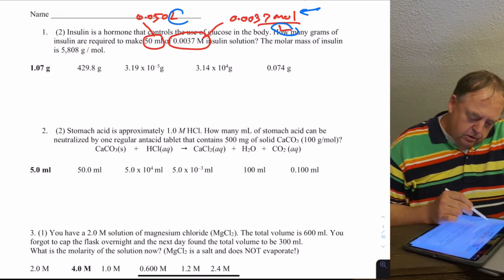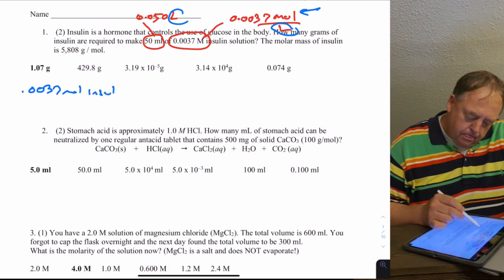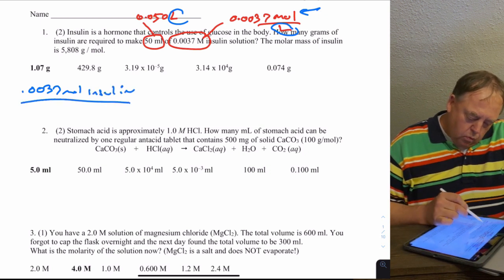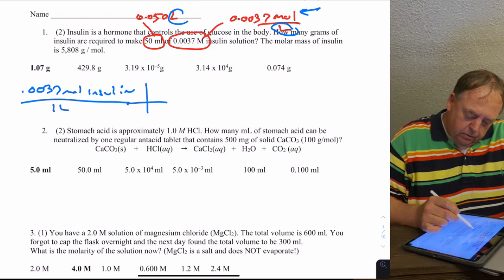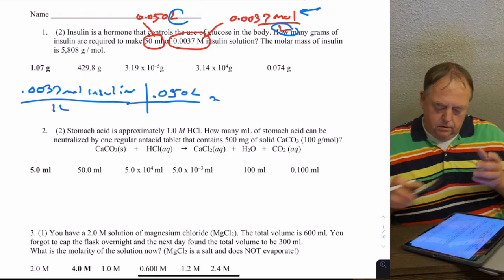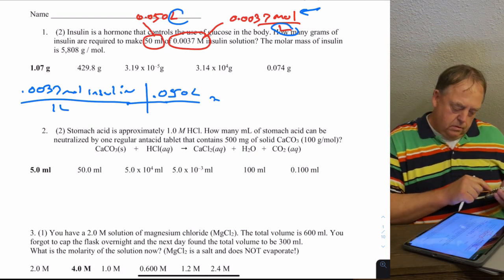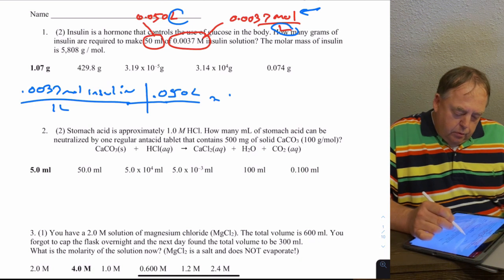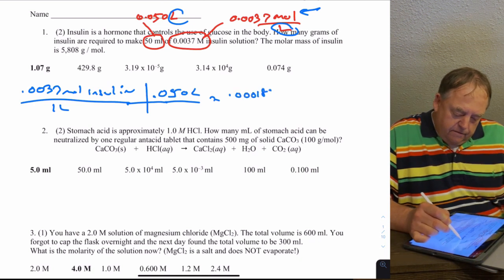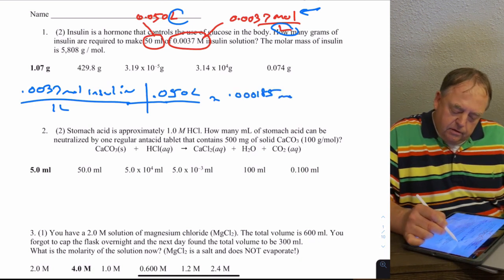So that's how you start this: 0.0037 moles of insulin divided by 1 liter, multiplied by the 0.05 liter. That would give you 0.000185 moles of insulin.